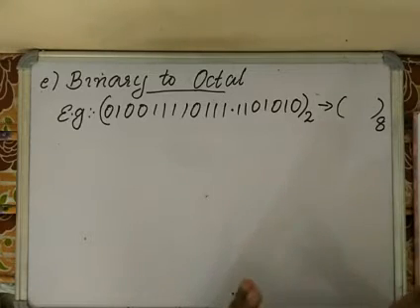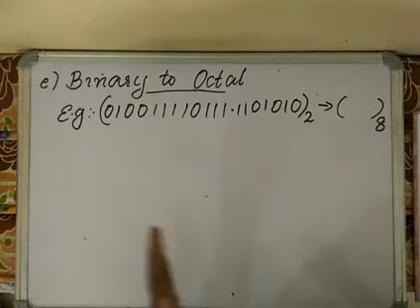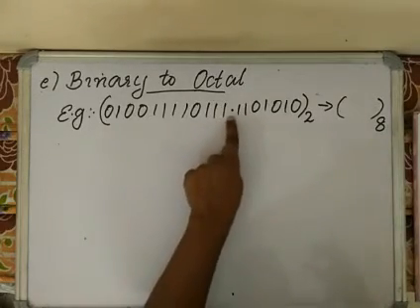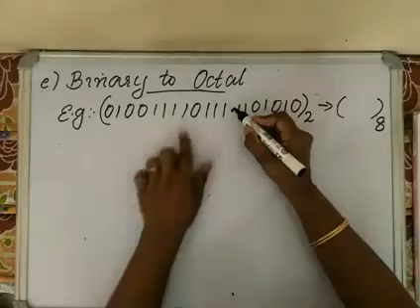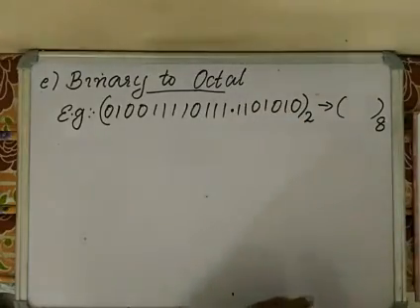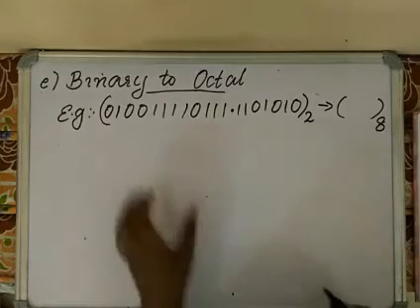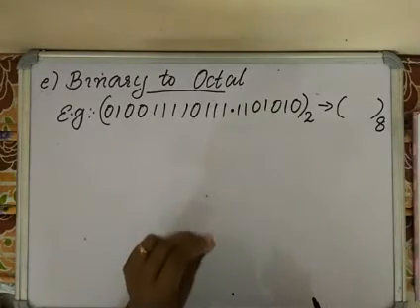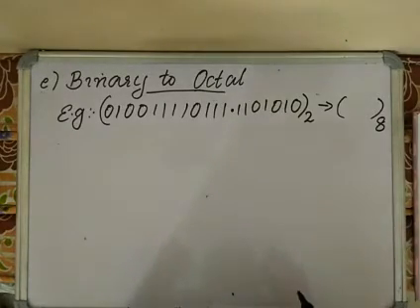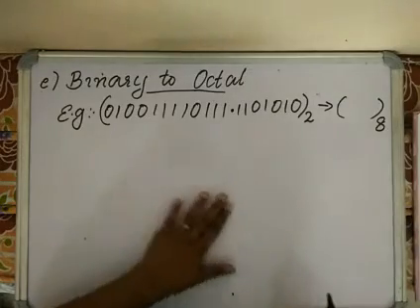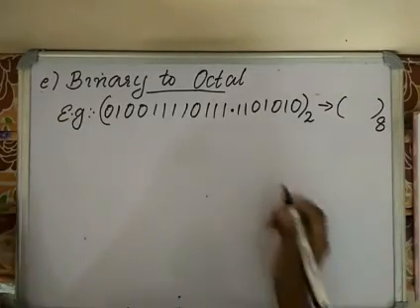That's why we are grouping it into 3. Grouping will be done from the decimal point going towards both left and right, and each group represents one single octal digit.